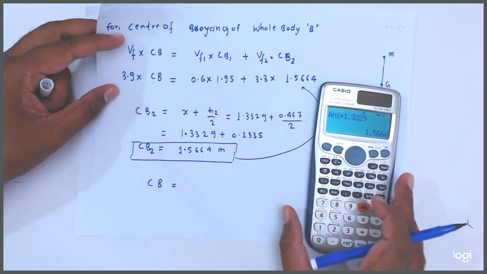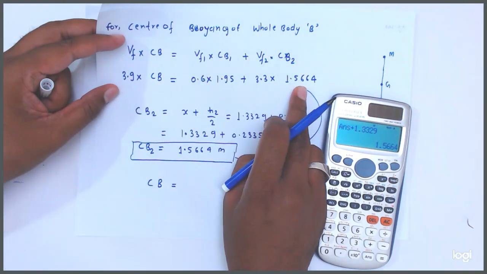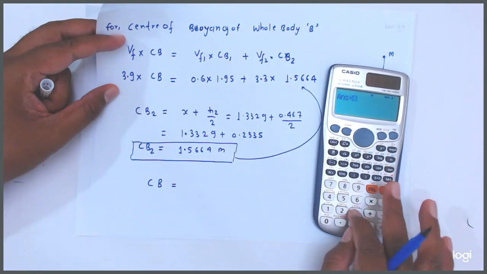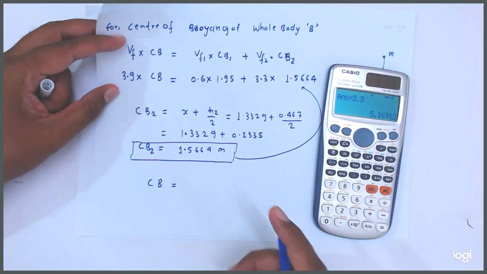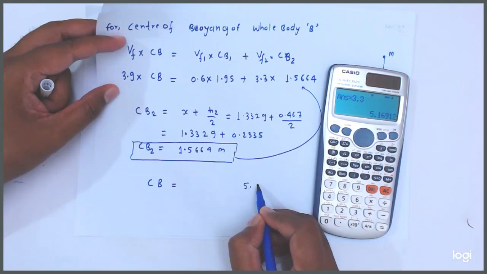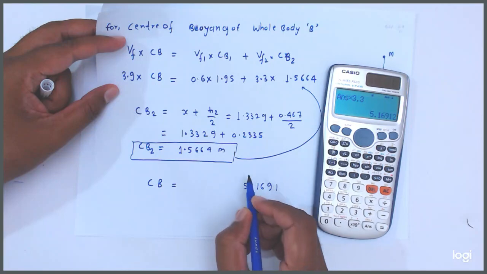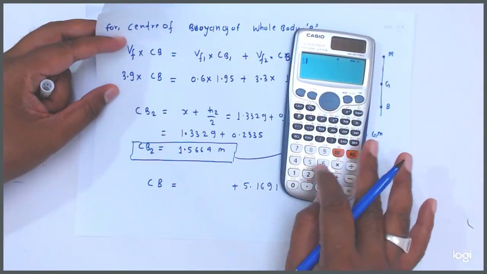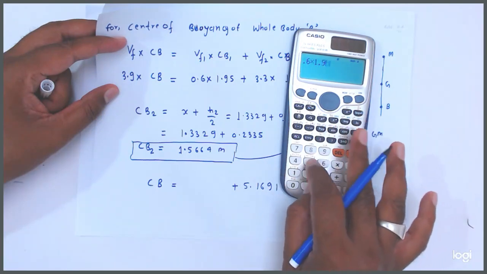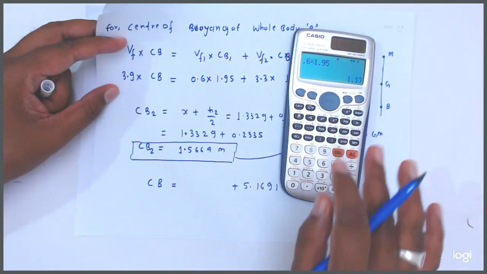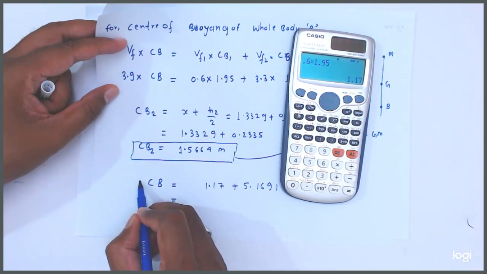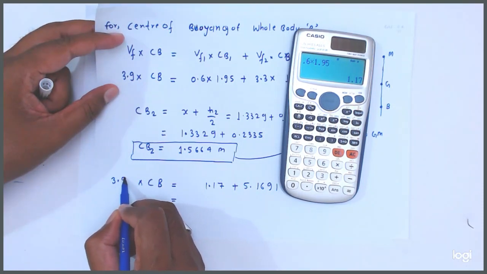So CB is equal to how much? Let's calculate here. 1.5664 into 3.3 will come to 5.1691, plus we multiply 0.6 into 1.95, which comes to 1.17. And here we divide by 3.9.